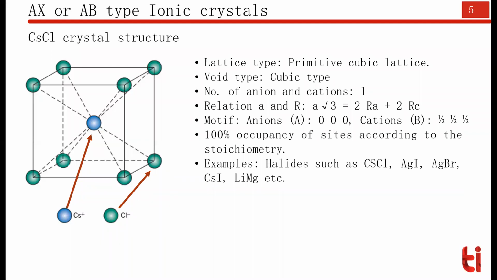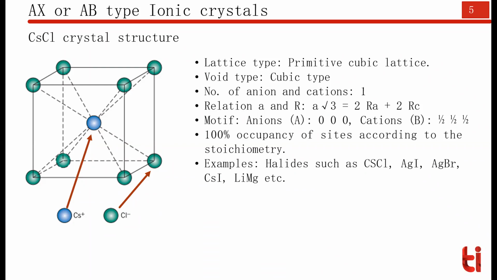So if you look into the ligancy rule, if your coordination number is equal to 8, that means your void is actually a cubic type void. And the unit cell is basically the primitive cubic lattice. If you take the ratio of the number of anions to the cations, it comes out to be 1.